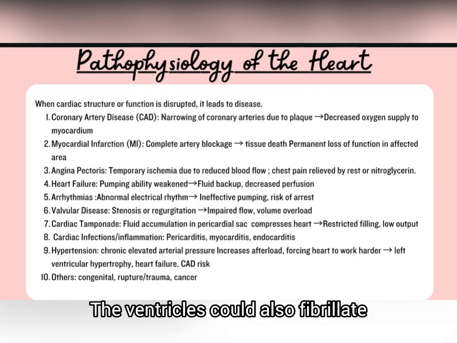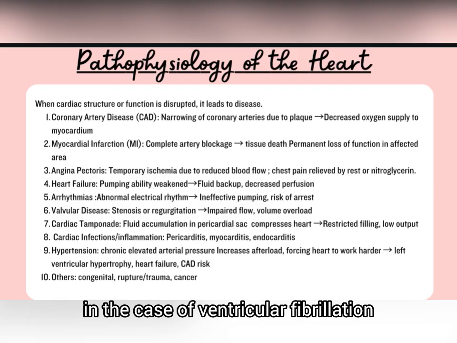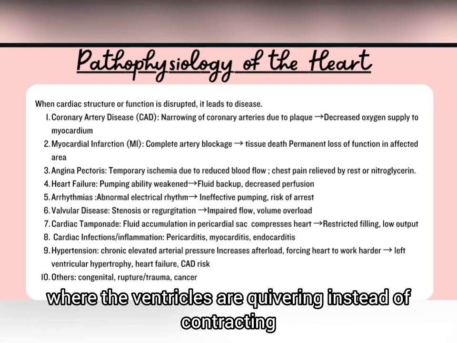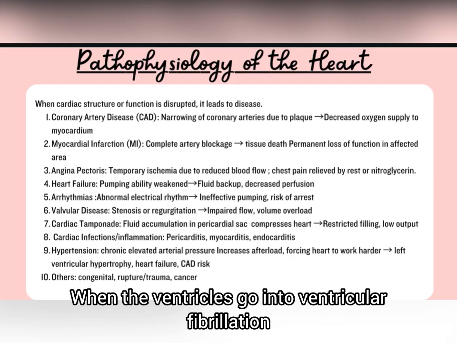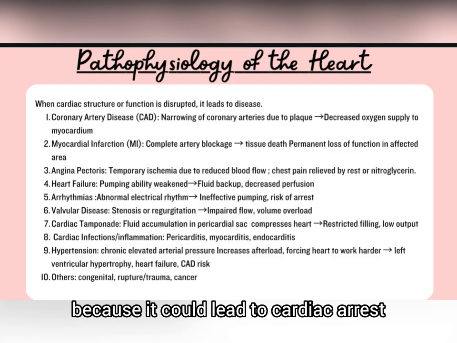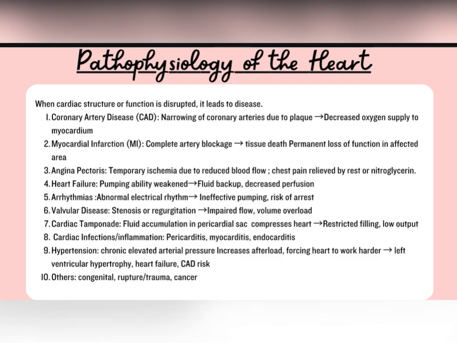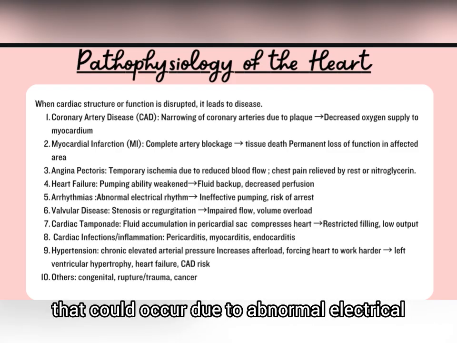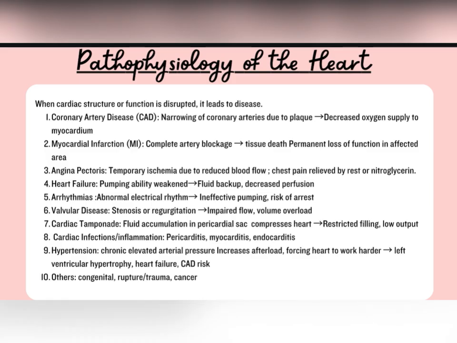The ventricles could also fibrillate in the case of ventricular fibrillation, where the ventricles are quivering instead of contracting. When the ventricles go into ventricular fibrillation, it's a medical emergency because it could lead to cardiac arrest. So these are some arrhythmias that could occur due to abnormal electrical rhythm in the heart.